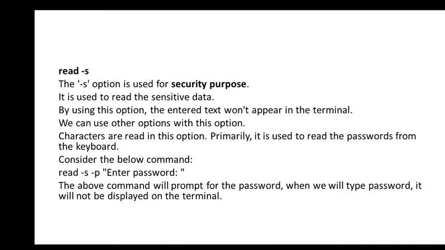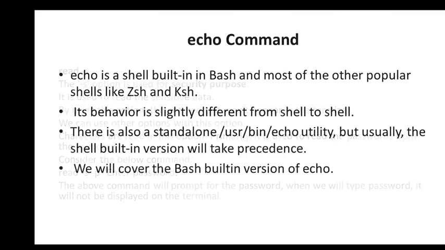Consider the below example: read -sp "Enter password". The above command will prompt for the password. When we type the password, it will not be displayed on the terminal, but we can give the password. You can see these options in many forms.